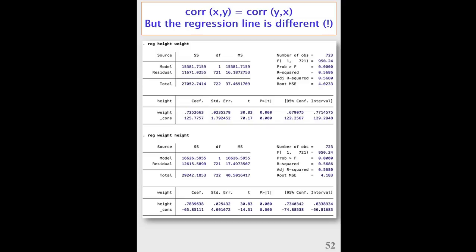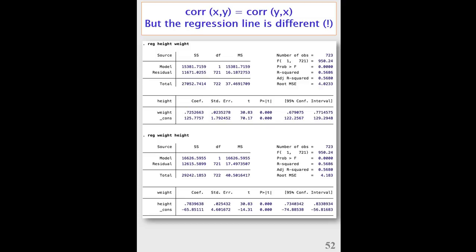What is sort of weird is that if you regress y on x or x on y, you would think that you would get the same line then. It's not the case. Here you see, first, the regression of height on weight, and we get a coefficient 0.725 and 125, and an r squared over there of 0.57 that we've seen before.